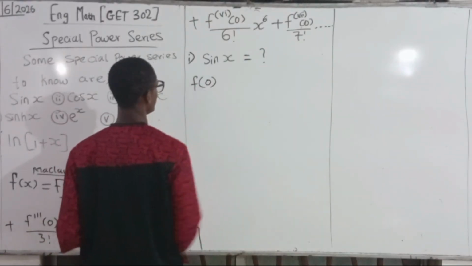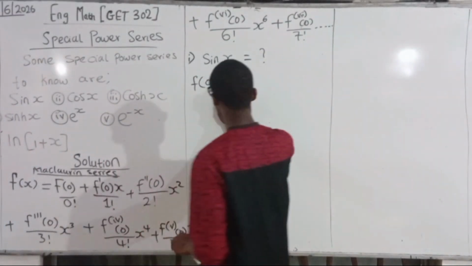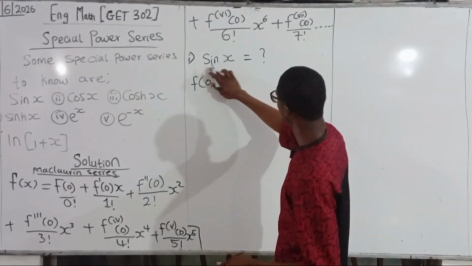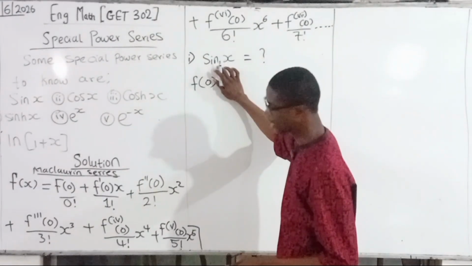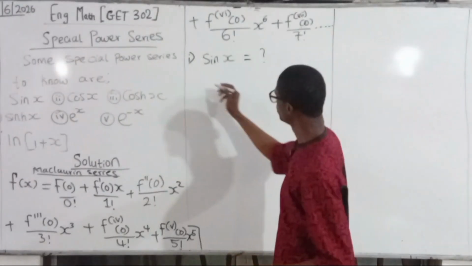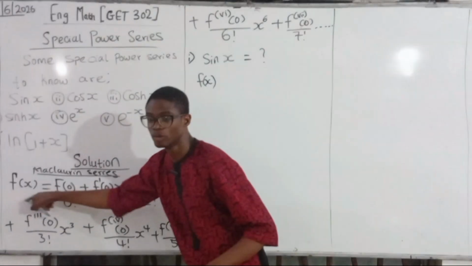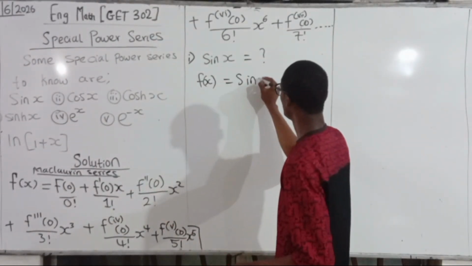of 0, right? So what is f of 0? For us to know f of 0, we need f of x. So since this is our function, it means that f of x in our own case is now equal to sine x.